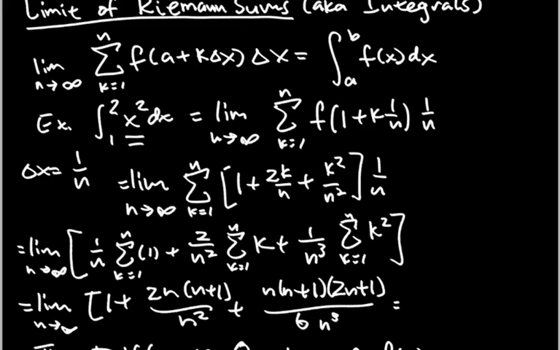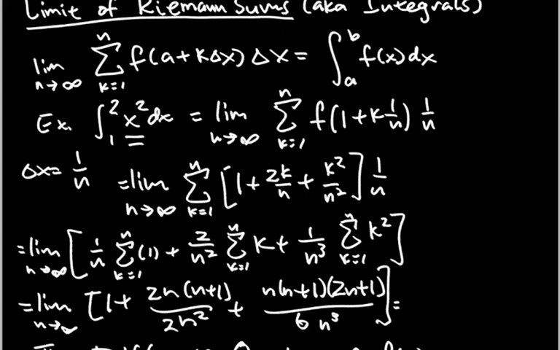Now you can see the limit as n approaches infinity of 1 is just going to be 1. Whoops, that's going to be 2n squared. Let me make sure I didn't mess anything up here either. That should be okay.